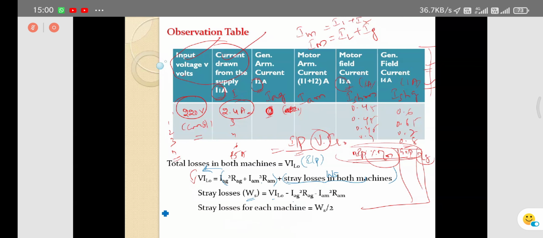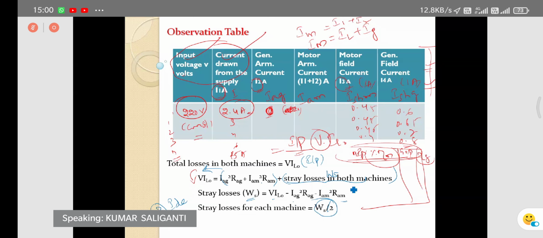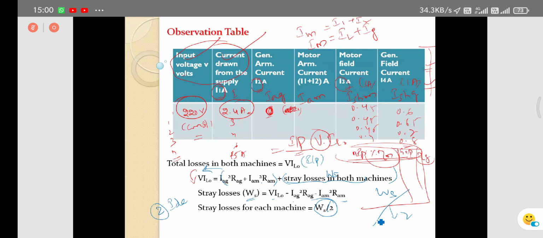Because we are using two identical machines, the stray loss for each machine is WS by 2. I have to divide these stray losses equally for both identical machines, that's why WS by 2.